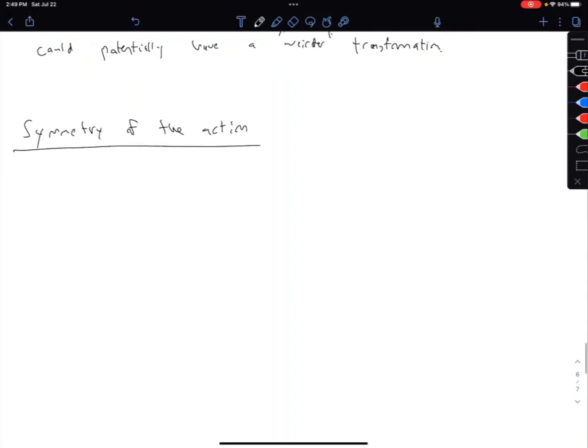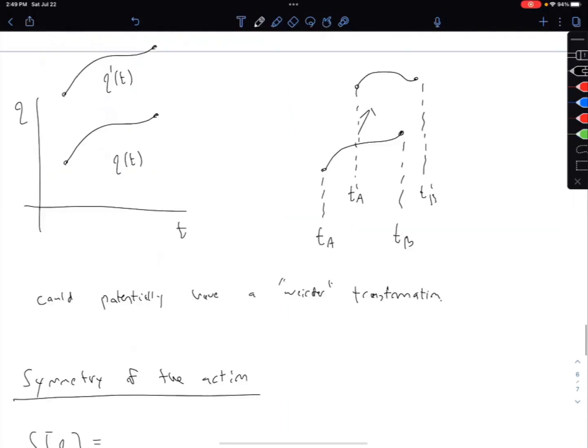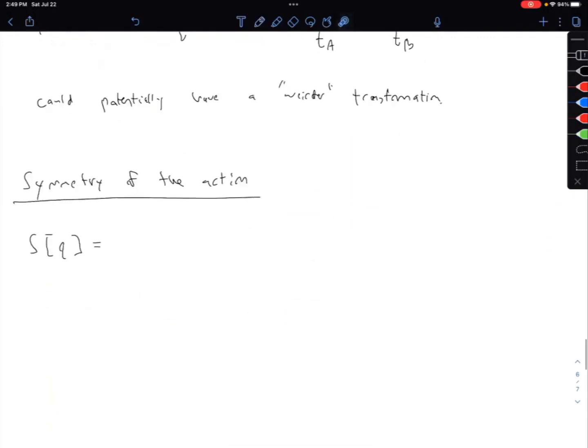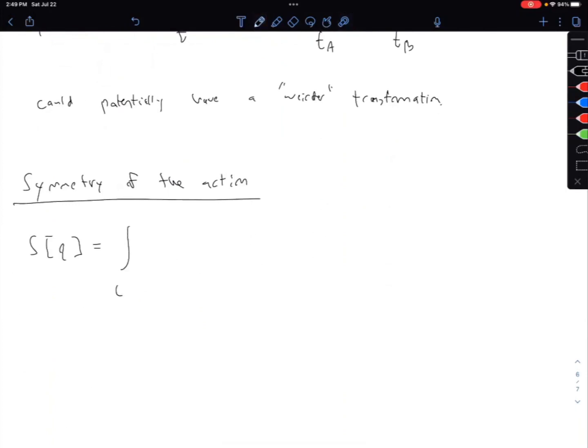Okay, so recall that the action, if you have some trajectory q between two times ta and tb, as I've drawn here, is defined to be the integral from ta to tb of dt times L of q, q dot, t.